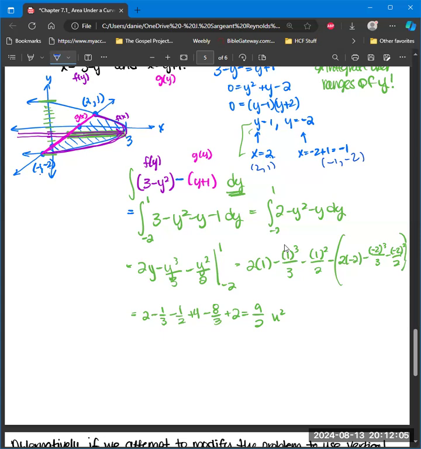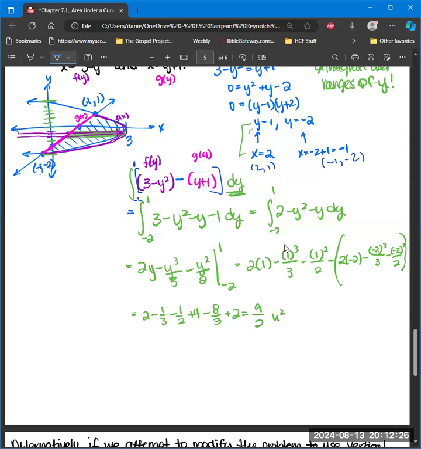Upper is going to be at the right-hand side, lower is going to be at the left-hand side. So upper function is the parabola minus lower function is the line. dy is going from -2 to 1 for my limits of integration.